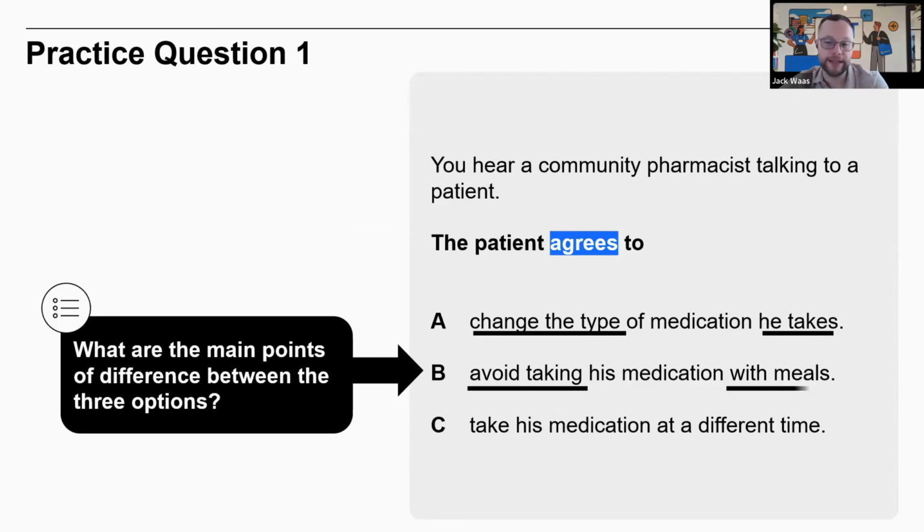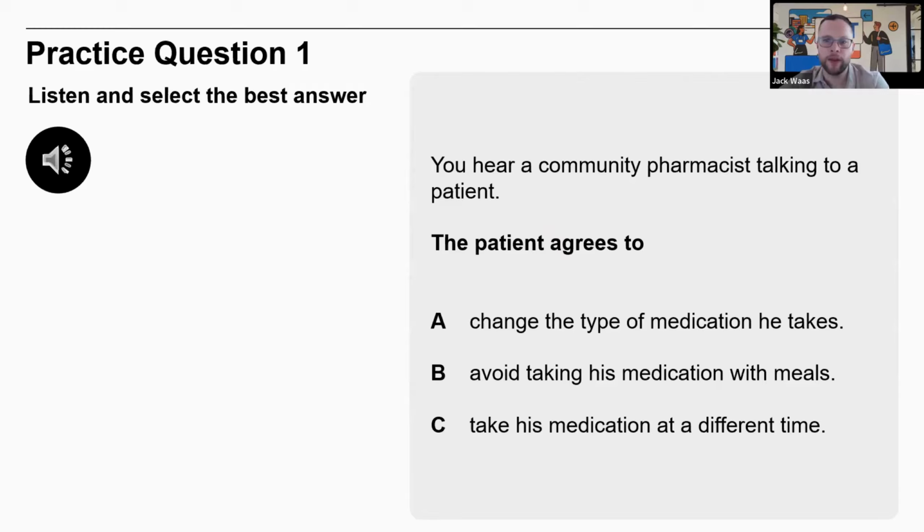B, avoid taking the medication with meals. And C, take the medication at a different time. So those are the three answer options here. Now I'm going to play the audio for you, and I would like you to choose the best answer, A, B, or C.